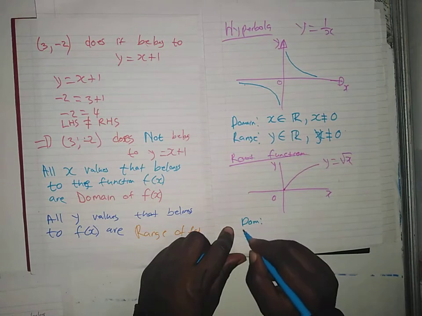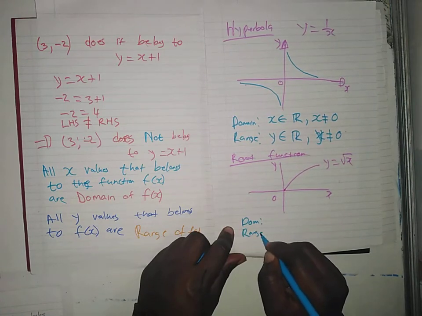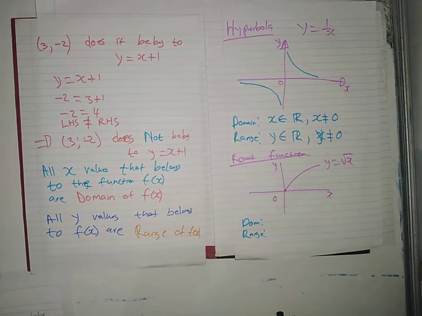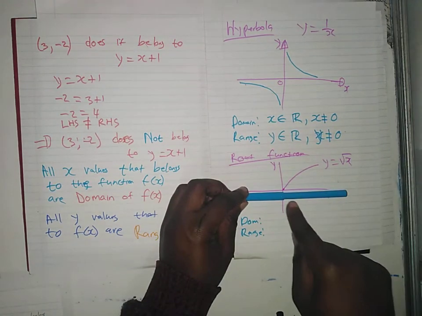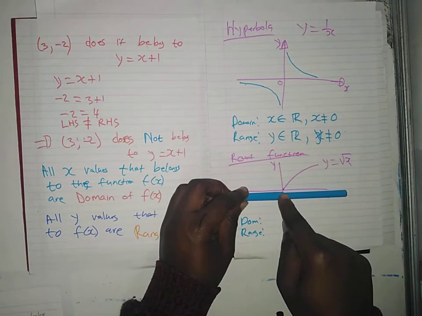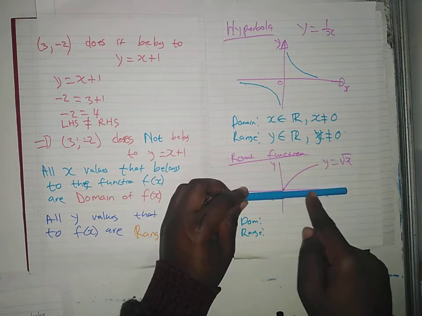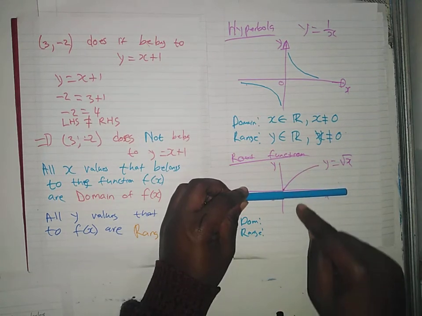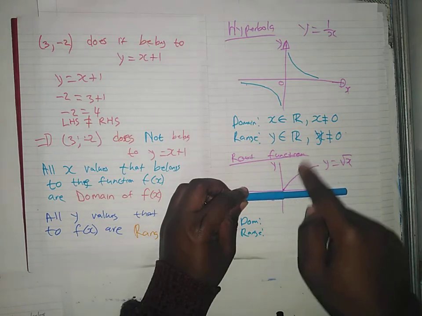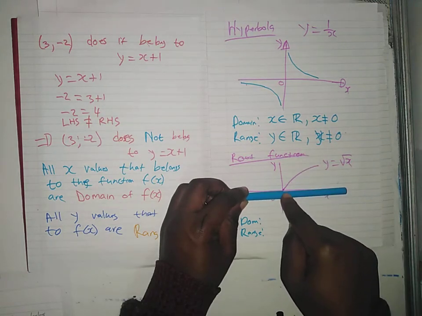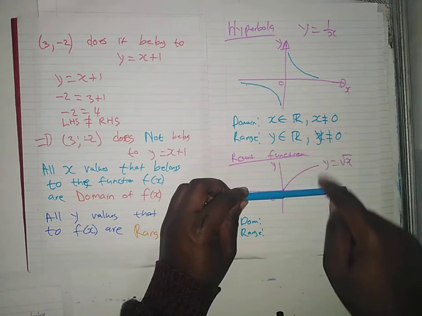Domain and then range. Let's start with the domain. It's the x values. You can see it's only from x equal to 0, going positive, that belongs to this graph. Because when you extend from 0, it does touch the graph, 1, 2, and so on.